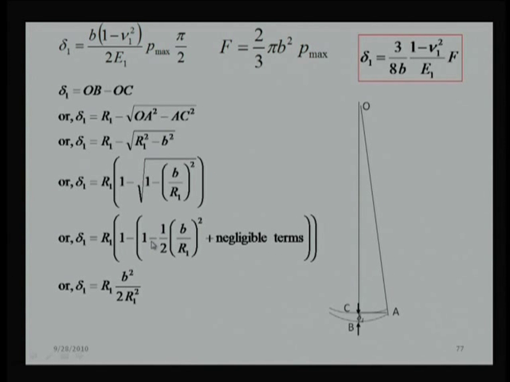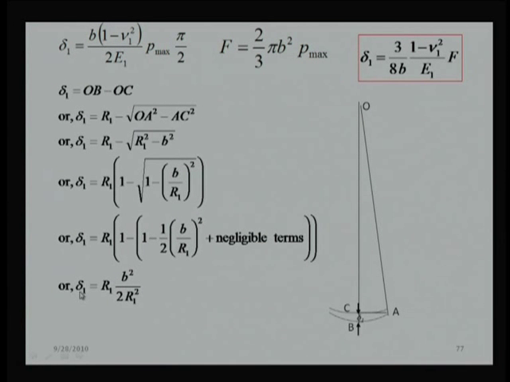It will be 1 minus half B by R1 square plus higher order terms. As B is much lesser than R1, the higher order terms will be negligible, that is why we are writing the negligible terms here. Now, delta 1 can be represented in terms of R, and in the bracket the minus 1 and minus 1 turn out to be plus 1, and what remains is R1 divided by 2 into B square divided by R1 square. So, this is the same thing we have mentioned, R1 B square divided by 2 R1 square.